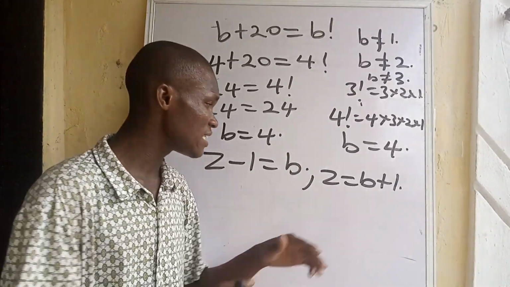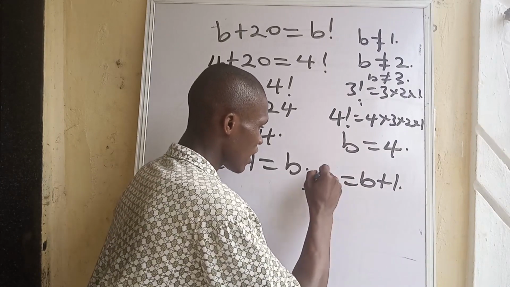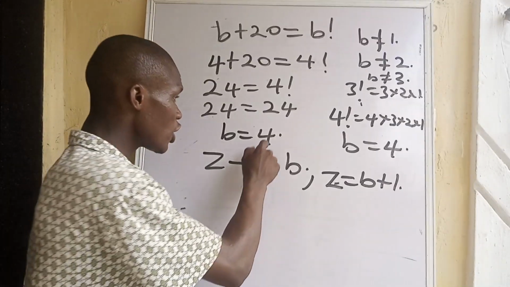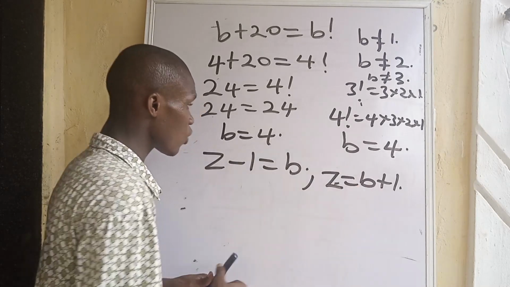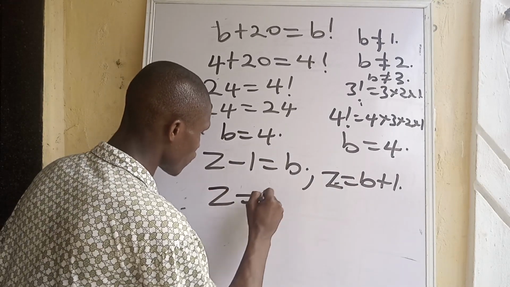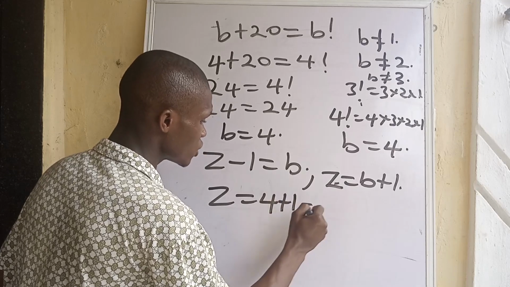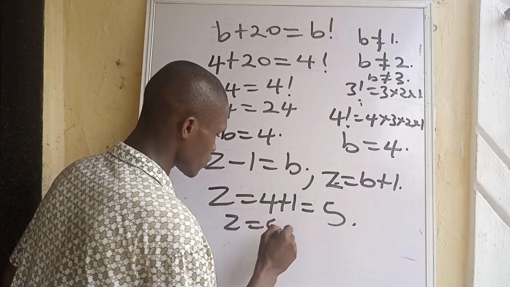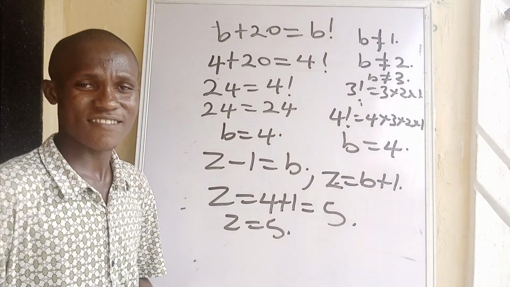So we have z equal to b plus 1. So what then is your b? Your b is equal to 4. So z is equal to 4 plus 1, which is equal to 5. So my z is equal to 5. Amazing.